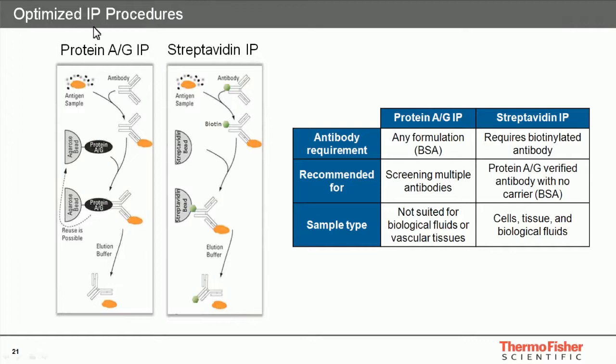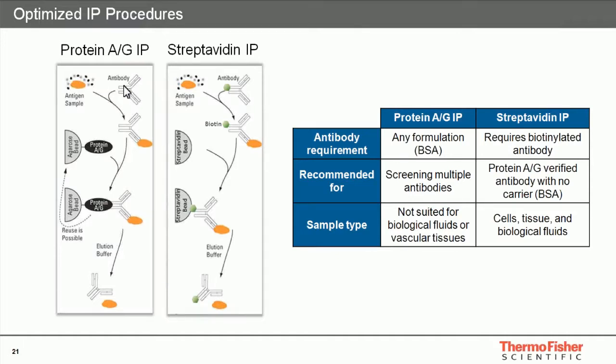And here is our optimized workflow, where we optimized for both magnetic beads coated with protein AG and streptavidin magnetic beads. What you're seeing in this particular method, which is different from the direct IP method, is that you incubate your antigen samples with antibody. Typically, we do it overnight at 4 degrees centigrade.